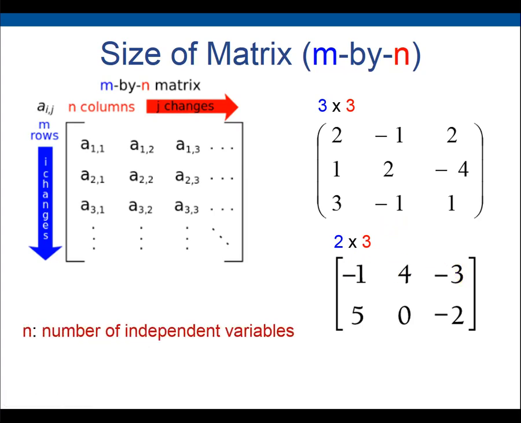Okay, let's say n is the number of independent variables. So you can always think of the column as representing the independent variable, and the row as the dependent variables. So for example, what we learned last time, we used the US Army anthropometric data.